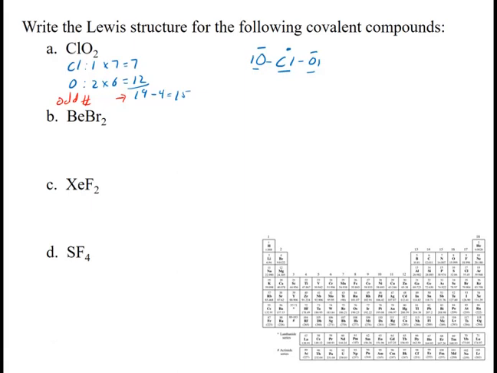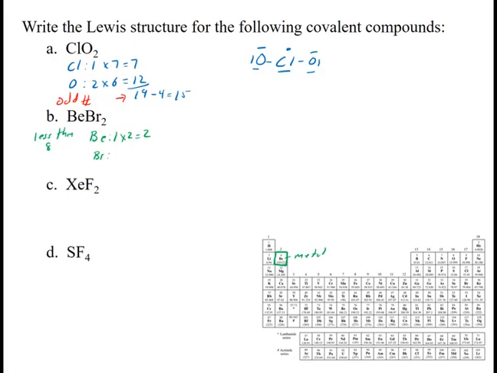Beryllium, and I want to point out where beryllium is. Beryllium is here. So being here on the periodic table, is this going to be a metal or a non-metal? This is a metal. So this is the less than 8. Beryllium is one of them, and it's in group 2A, so that's 2.